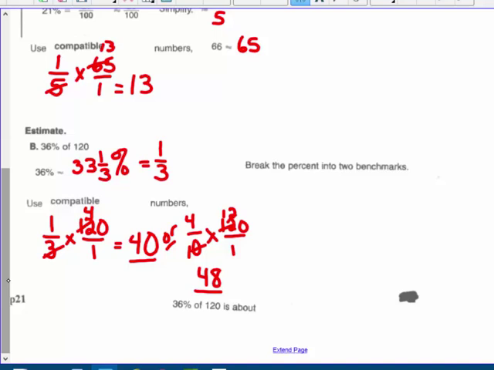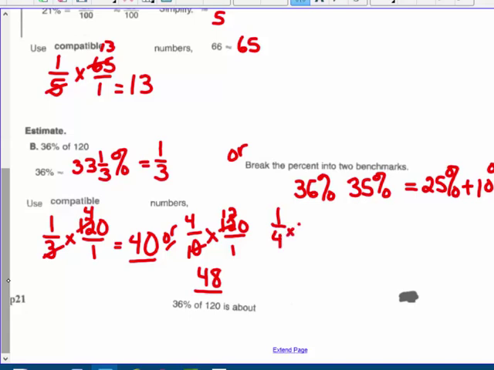Another way I could do it is I could break my 36% into 2 benchmarks. Well, 36% is awfully close to 35%. Well, I could split that up into 25% and 10%. This is the longer way of doing it. So 25%, that's a fourth. One fourth times 120, that would give me 30, right?